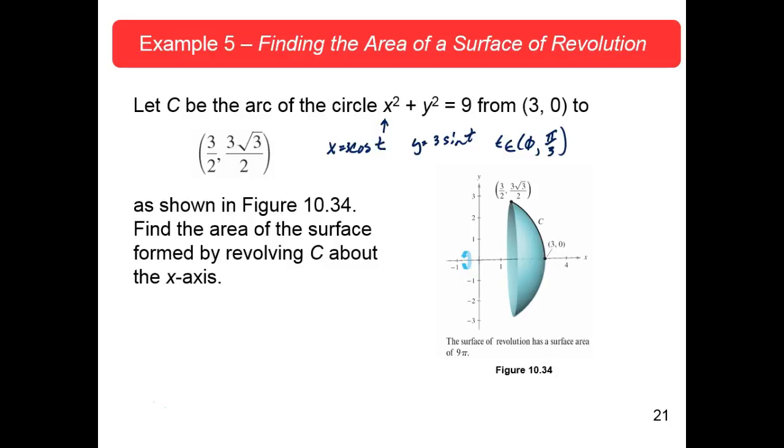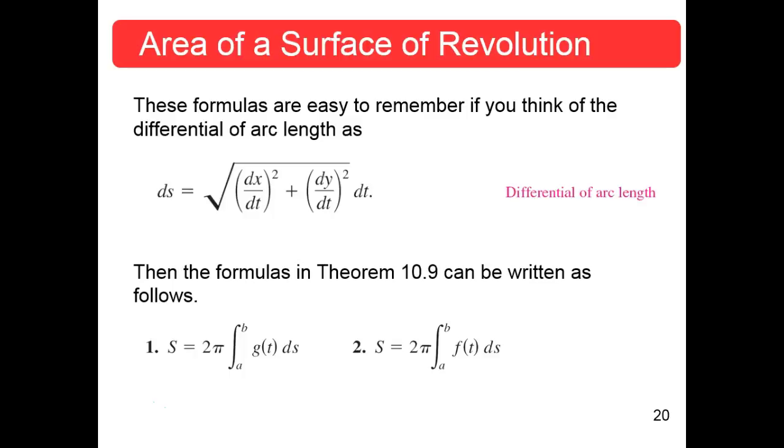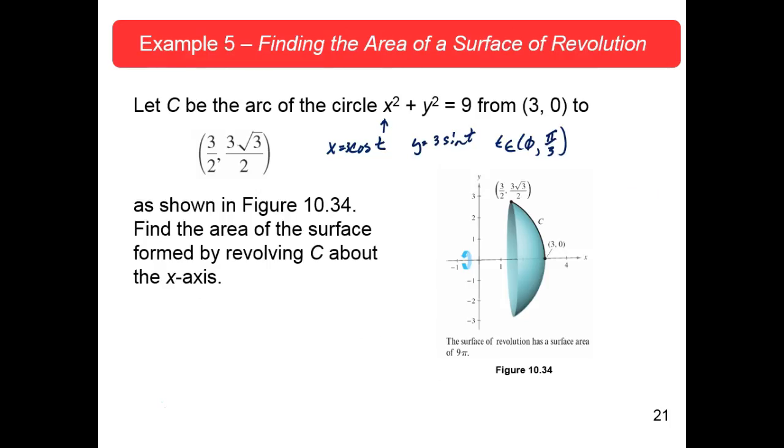So, with that in mind, what else do we need to do? We need to do your dx dt's, the dy dt, and then do all that other mess. Okay? So, dx dt is what? You tell me. Anybody?